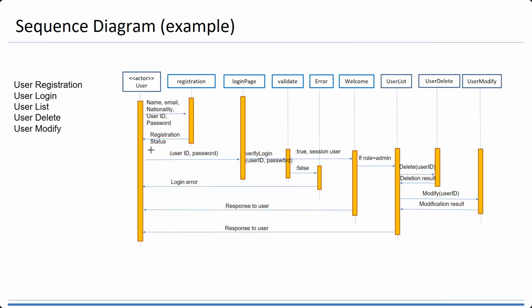Once the user has the ID and the password, he can log in on the login page. In the login page, there is a validation process going to the validate function. And then if the user ID and the password are true, it goes to the welcome page.